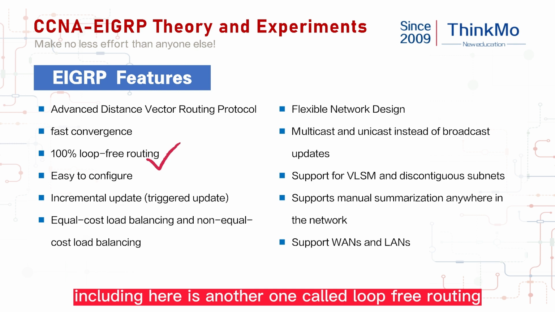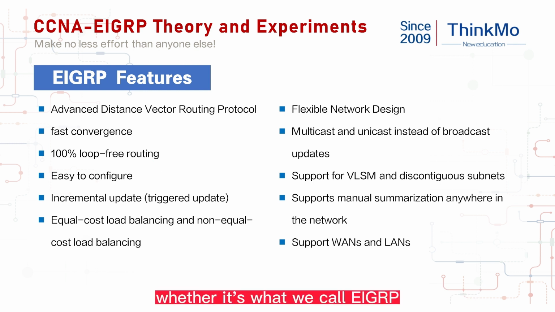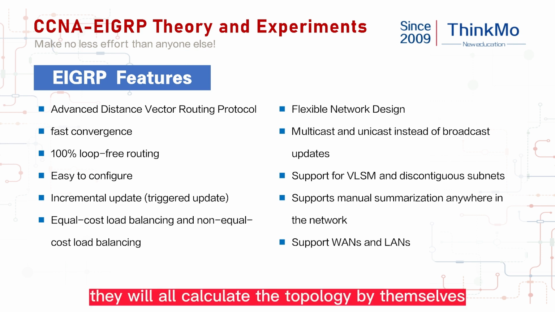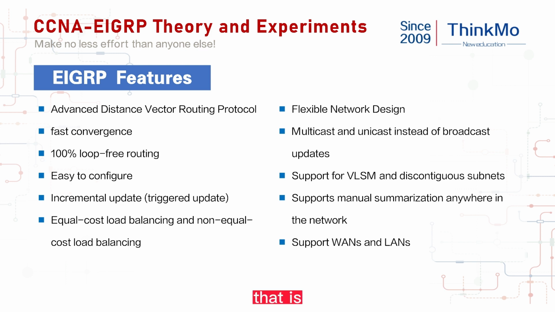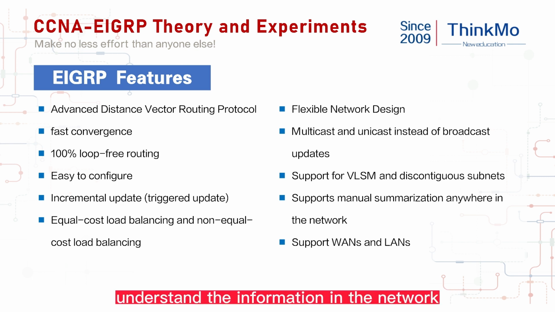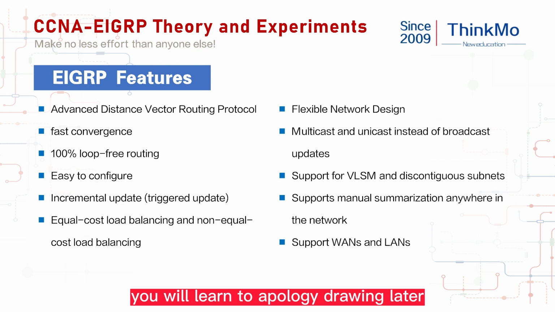Including here is another feature called loop-free routing. Whether it's EIGRP, OSPF, or IS-IS, they will all calculate the topology by themselves. That is, dynamic routing protocols are essentially loop-free, because they need to understand the information in the network. You will learn topology drawing later.